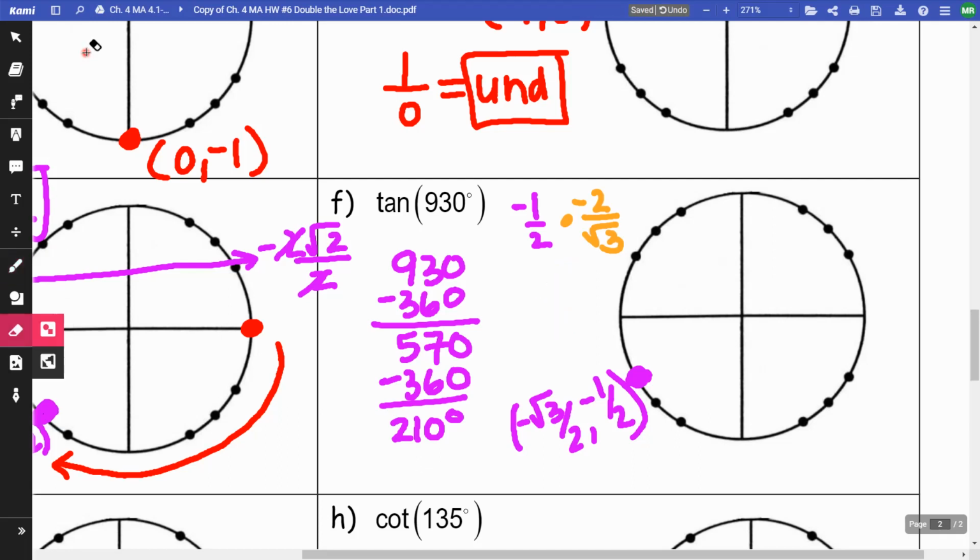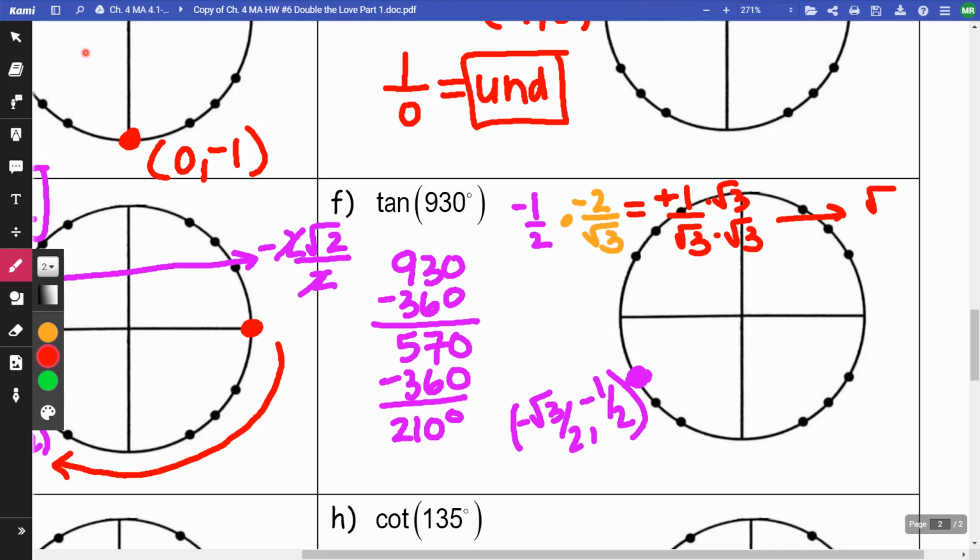So when I do that, my 2's are going to cancel out. And I'm going to get a negative, actually a positive because it's a negative over negative, positive 1 over root 3. I rationalize that, multiply top and bottom by root 3, and I get root 3 over 3 as my final answer.